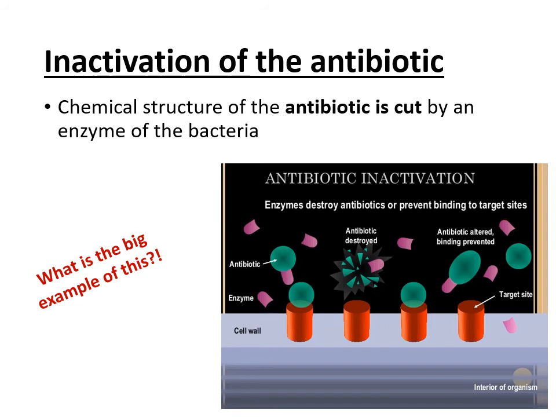With inactivation of that particular antibiotic, of penicillin and cephalosporins as well, you have the idea of the enzyme being beta-lactamase. And the beta-lactamase will cut the beta-lactam ring of penicillin, or the penicillin family of drugs. And if that is cut, then the penicillin can no longer bind to the bacterial enzymes that form peptidoglycan.